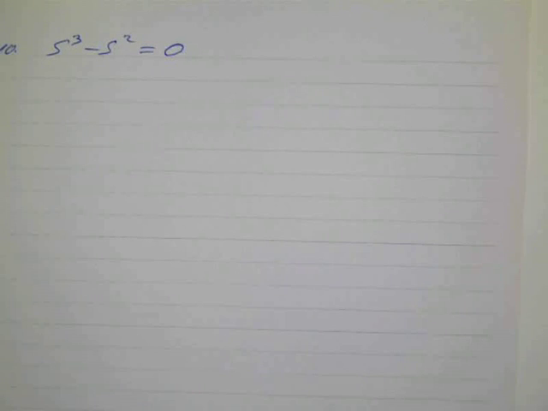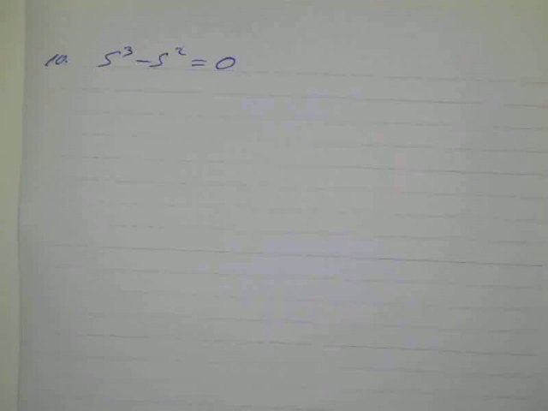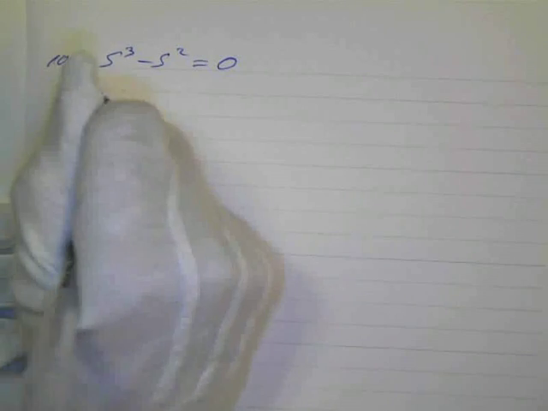Here's number 10. And we have s cubed minus s squared equals 0. So again, I can factor this, and the first thing we always check is a common factor in each term. And the common factor would be s squared, so I'll take s squared out.